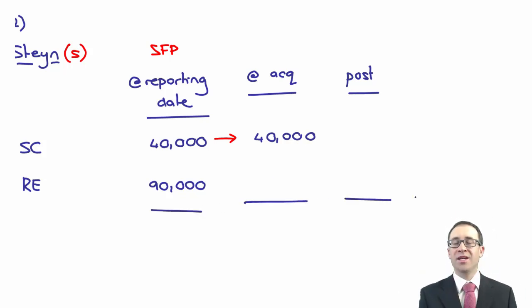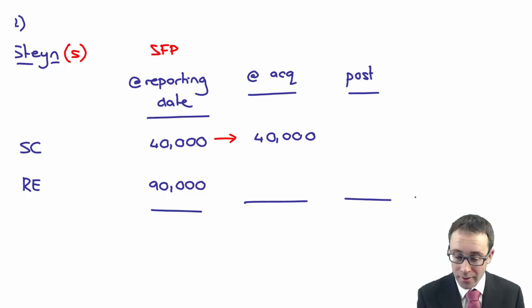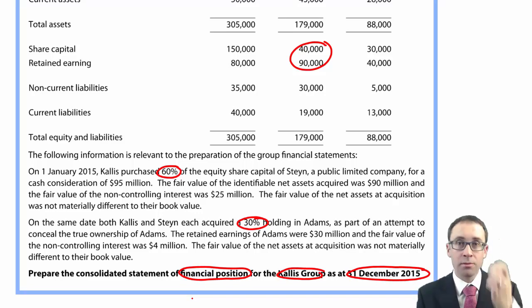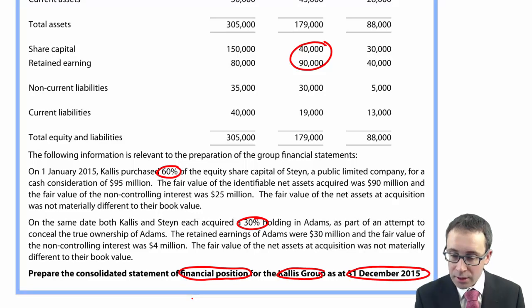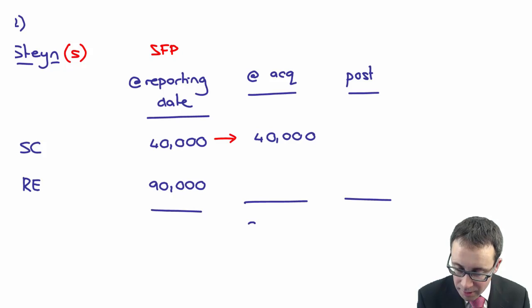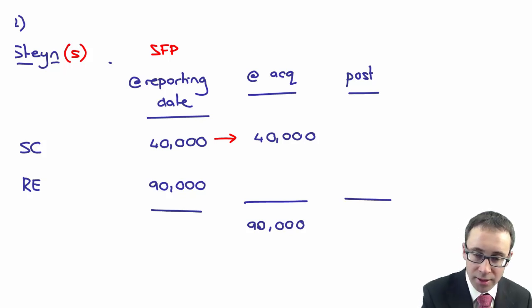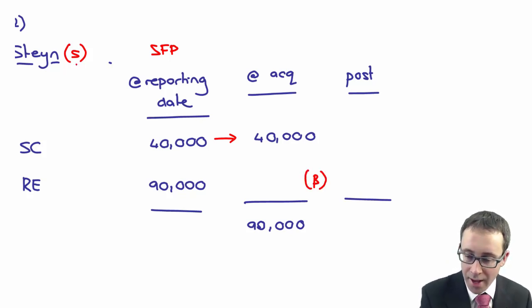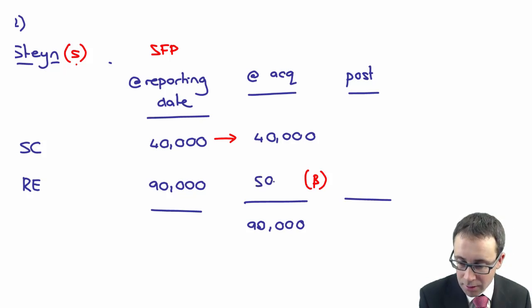No other components of equity, no PUP adjustments or anything like that within the question. Don't even think there are any fair value adjustments, because it told us the fair value was the same as the book value. So it tells us the identifiable net assets were 90 million. Again, similar exercise to what we've seen previously. You're told that the net assets are worth 90. So to work out the retained earnings, that will be a balancing figure, won't it?